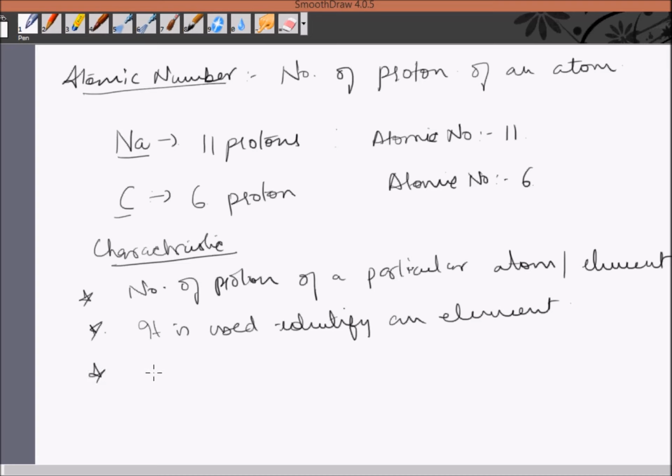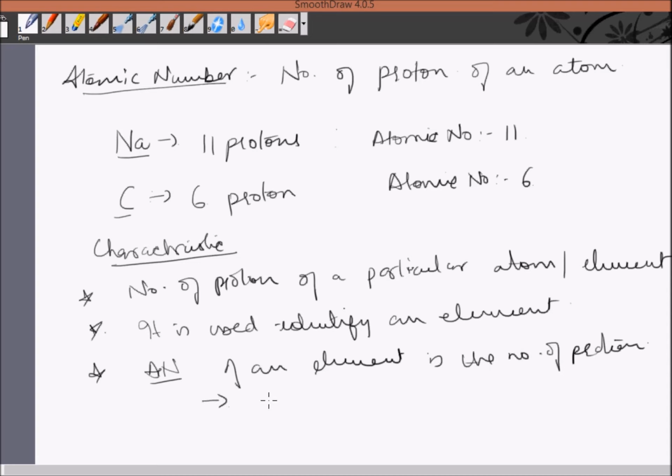This is the atomic number of an element, let's suppose Z, of an element, which is equal to the number of protons, as I told you.